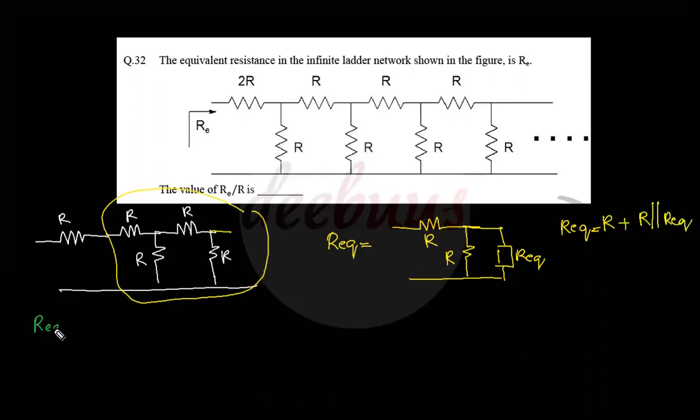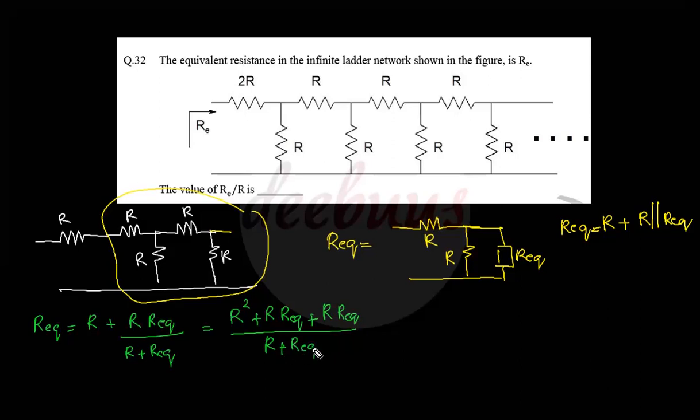That is R equivalent equal to R plus R into R equivalent divided by R plus R equivalent, right? So again multiplying by R plus R equivalent here. So R square plus R into R equivalent plus R into R equivalent divided by R plus R equivalent. We have to evaluate R equivalent too, right?